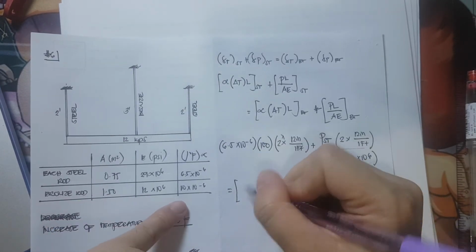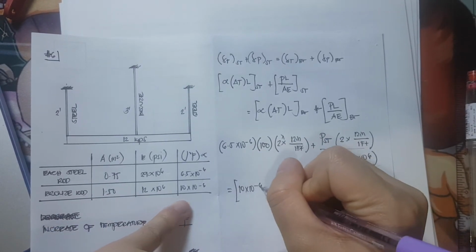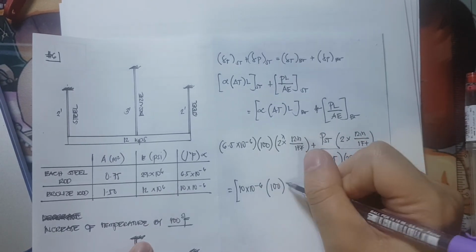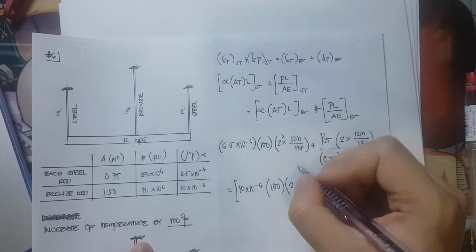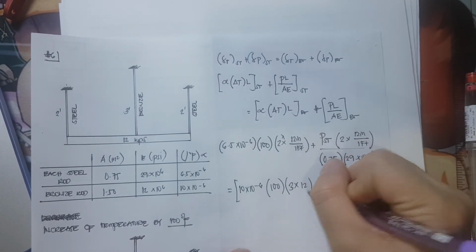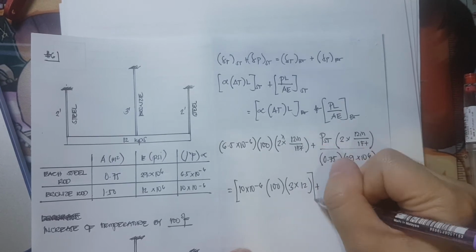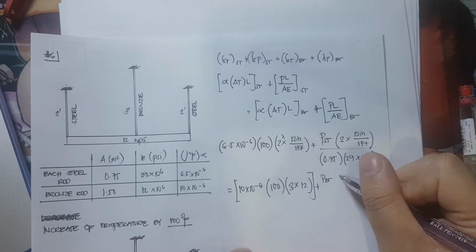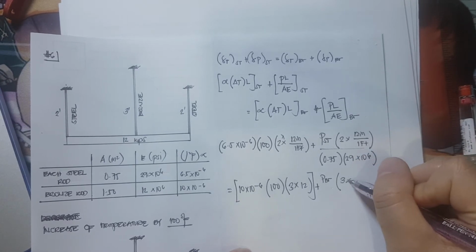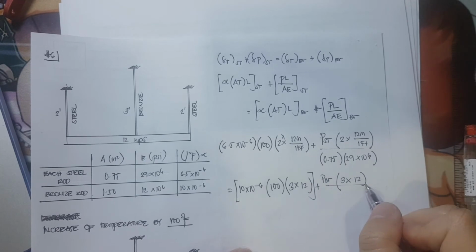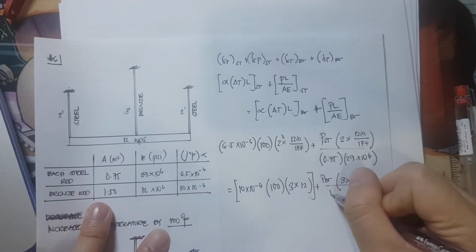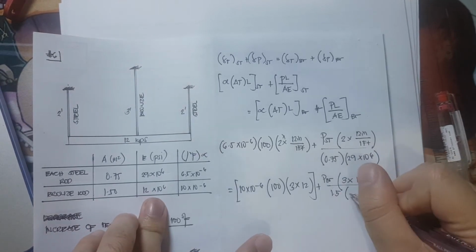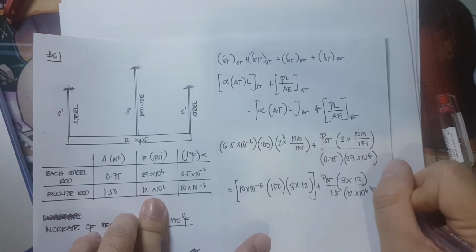Is equivalent to, now for the bronze, alpha is equivalent to 10 times 10 raised to negative 6, times the delta T, which is 100, times 3 feet, times 12, plus P of bronze times 3 times 12, divided by the area, and the area is 1.5 times the modulus of elasticity, which is 12 times 10 raised to 6.